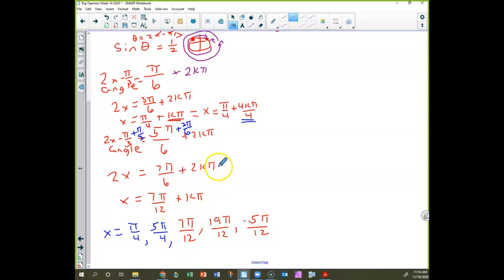Take 7 pi over 12, subtract my period. That is a solution. Now, it's not between 0 and 2 pi. But if this had started, say, at 13 pi over 12, 1 pi over 12 would have been a solution between 0 and 2 pi. Right? And so I have to be careful to remember I can add that period or subtract that period.